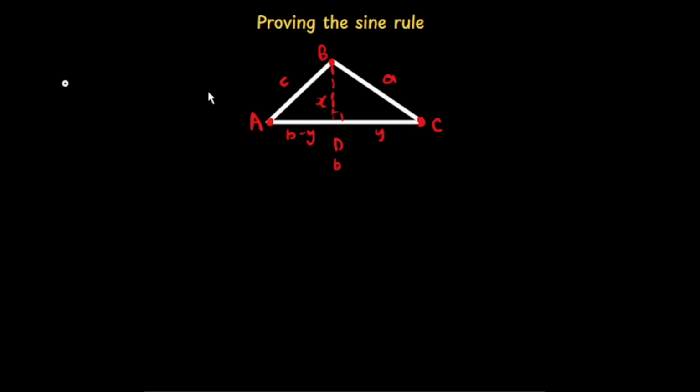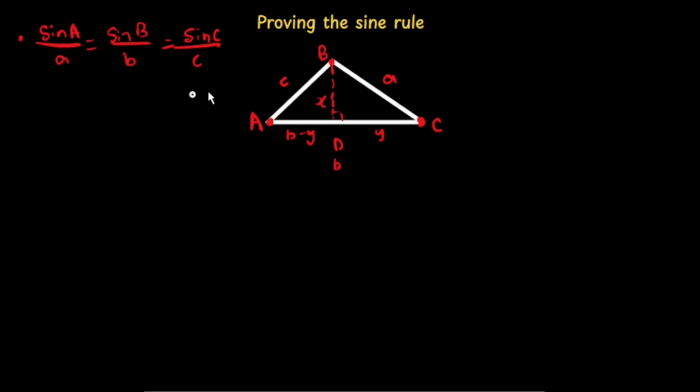Simply put, the sine rule can be written in one of two ways. The first form that the sine rule can be written in is the angle form. So we will have sine A over a is equal to sine B over b is equal to sine C over c. Now, an important thing to take note of when we're looking at the sine rule is the fact that it is a ratio.